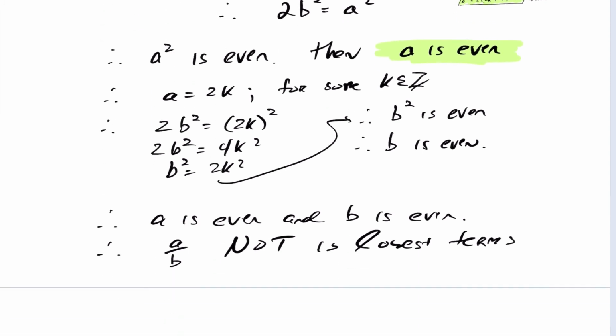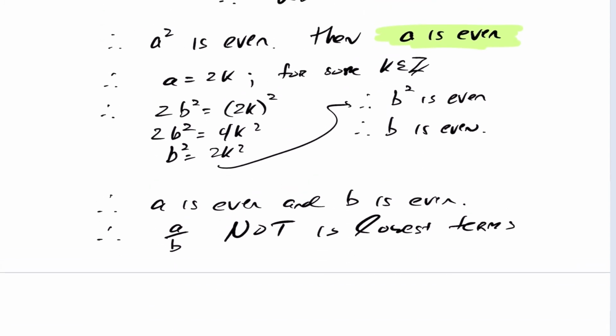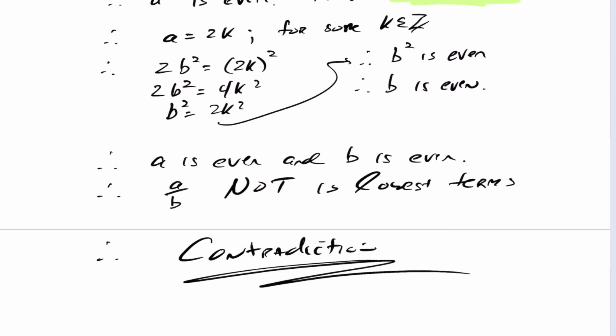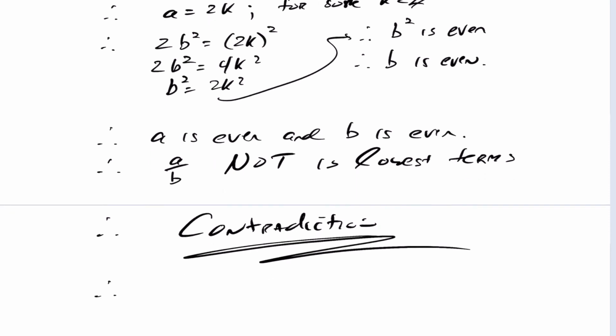Because if you have a fraction such that the top is even, the bottom is even, we can at least divide by 2. So therefore, we have found our contradiction. Therefore, root 2 is irrational.